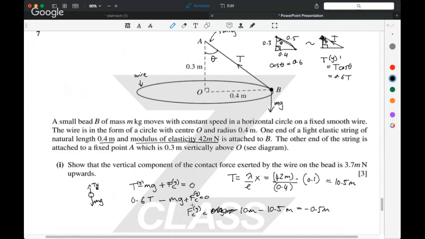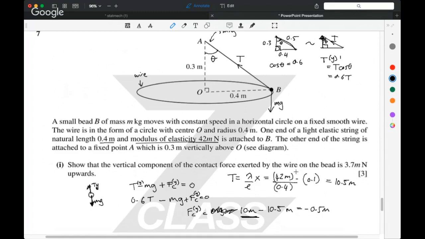And that means that it's acting upwards, because here we were defining the weight, 10m, as acting downwards as being positive, and then subtracting whatever was acting upwards. So if what we end up with is negative, it means that the net thing must be upwards as well.